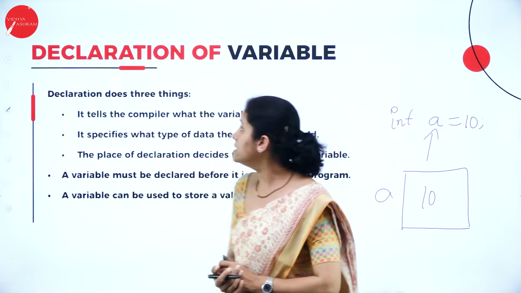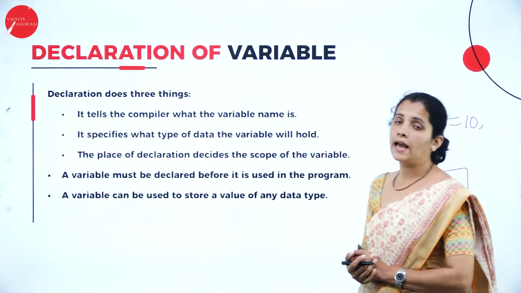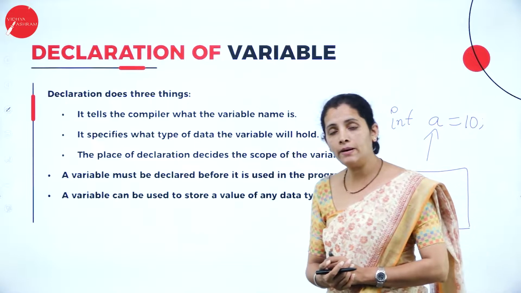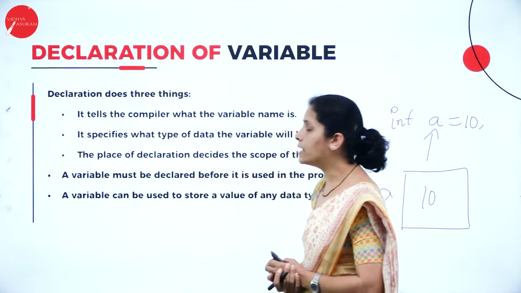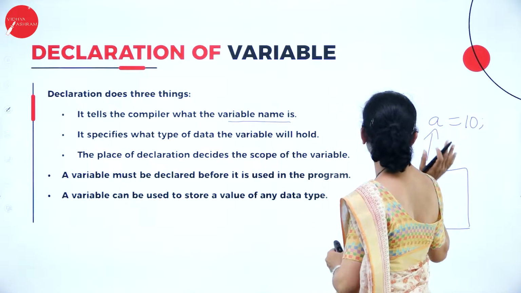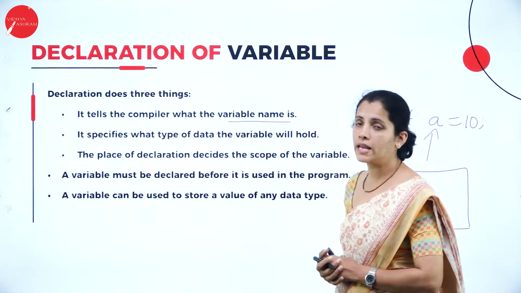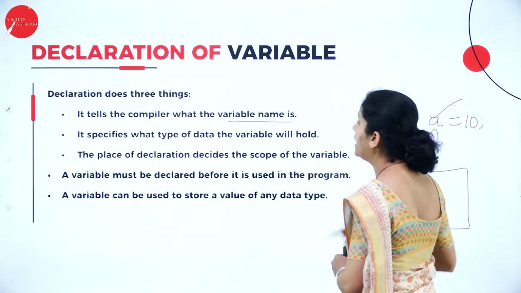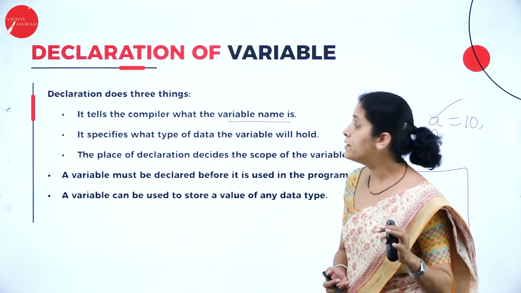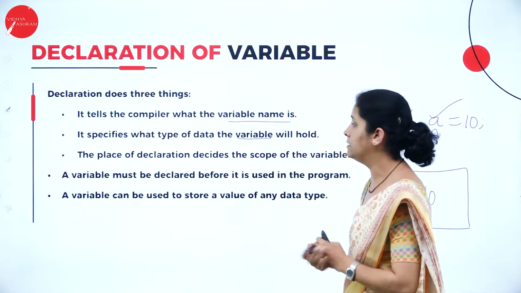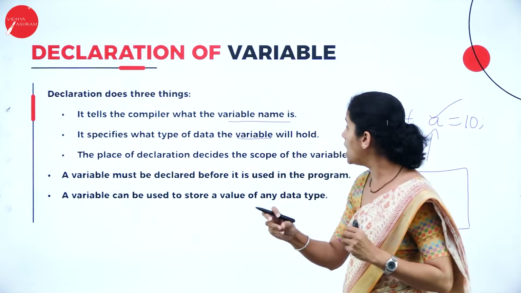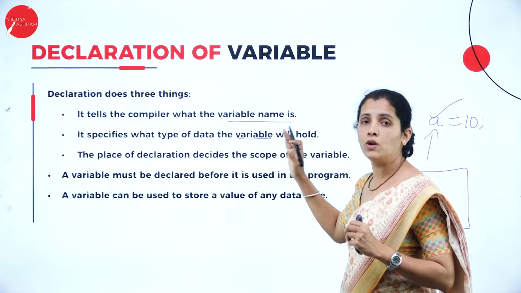Now, how can I declare a variable? When I declare a variable, it tells the compiler about the variable name. In this example, my variable name is nothing but the a. And it specifies what kind of data the variable will hold.